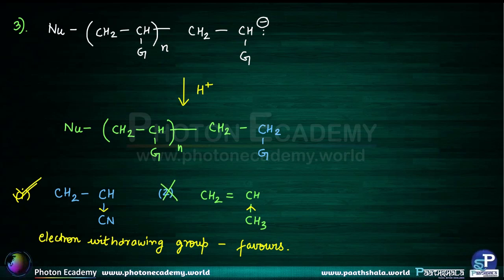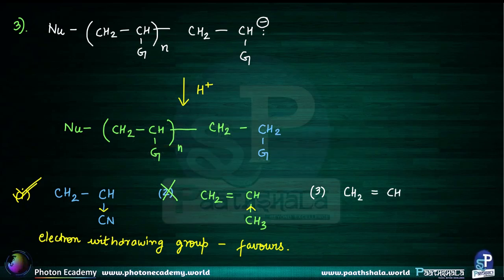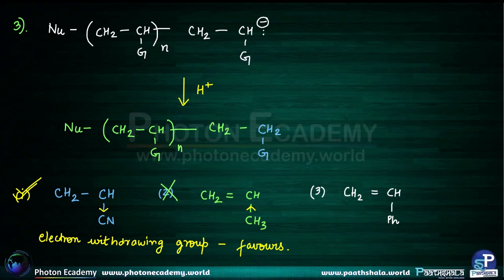The third example which we took, the same as we took in the free radical mechanism, is again CH2 double bond CH and a phenyl Ph, that is a benzene ring attached. Here we know that if there is a negative charge on this carbon with a Ph attached, it can be involved in resonance and therefore it will be stabilized due to resonance.